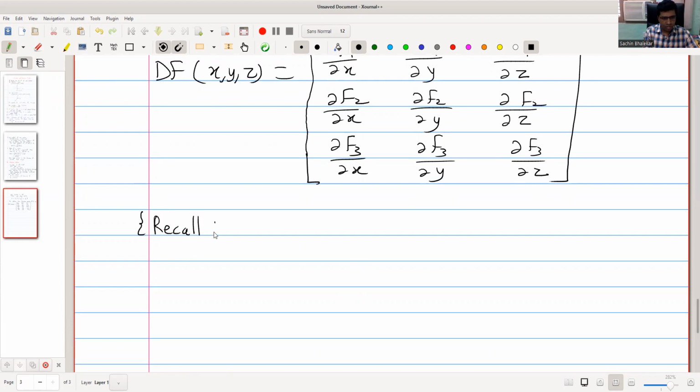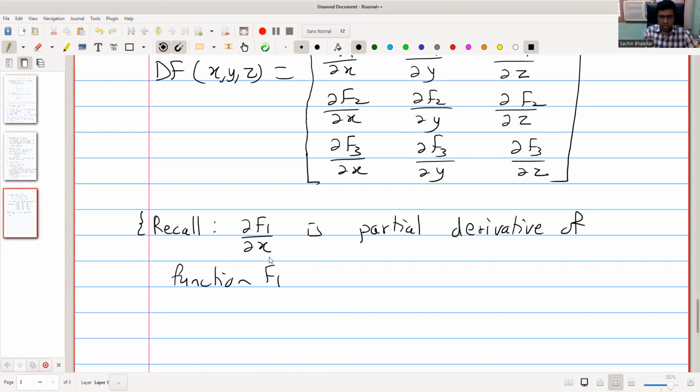We call this partial f1 with respect to x the partial derivative of function, of course a real valued function, f1 with respect to, in short we will write WRT hereafter, with respect to variable x.